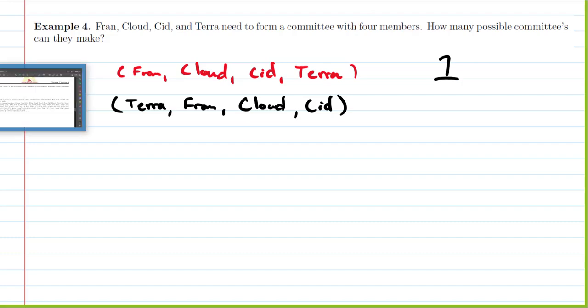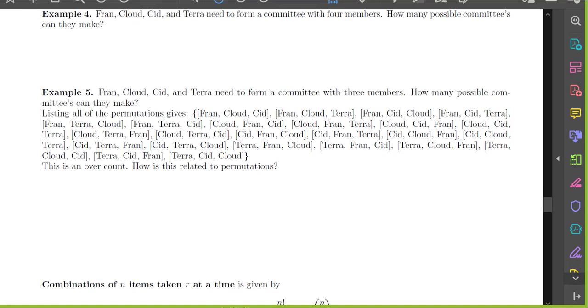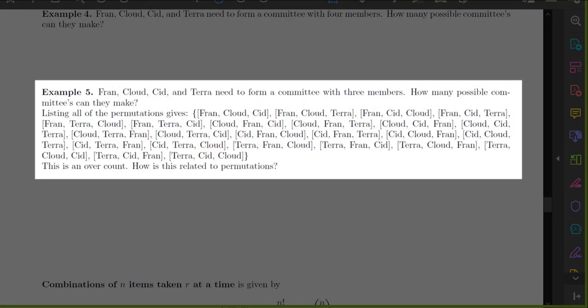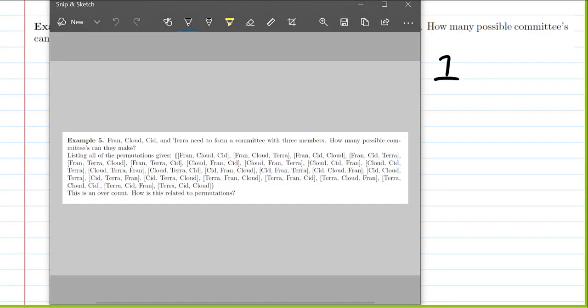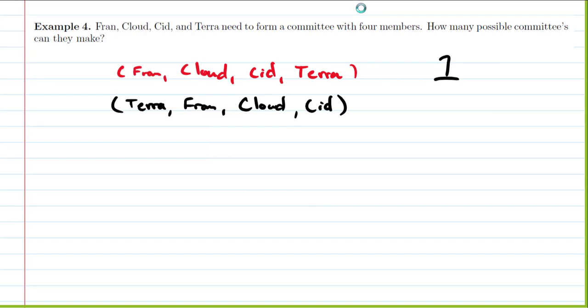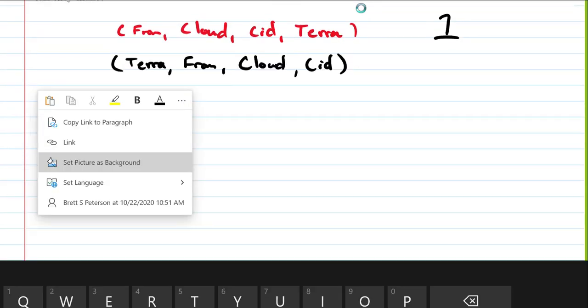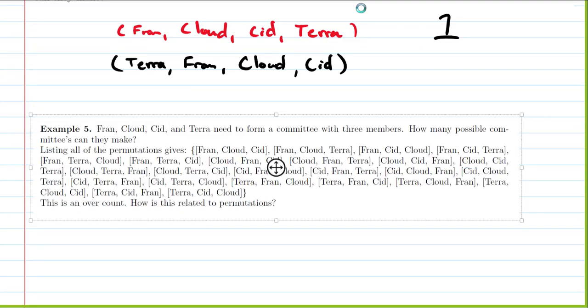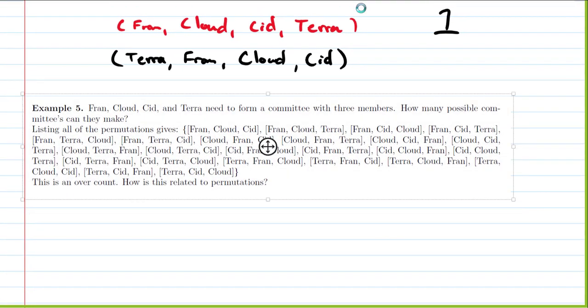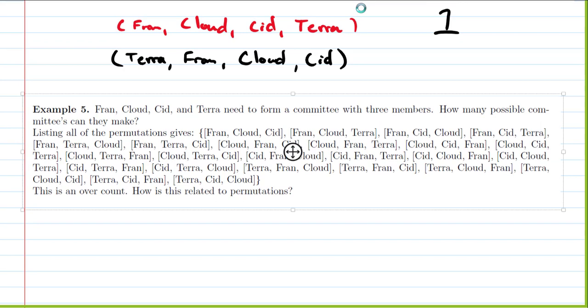All right, so let's keep building on this. Now let's ask ourselves a harder question. To help us visualize what's happening, in our next example I went ahead and listed all possible groupings. So let's read our question, and then we're going to do some color coding.